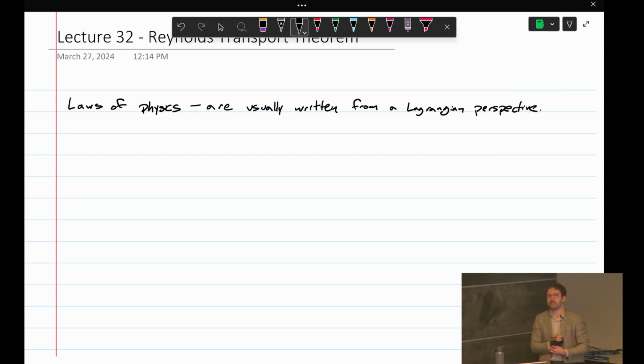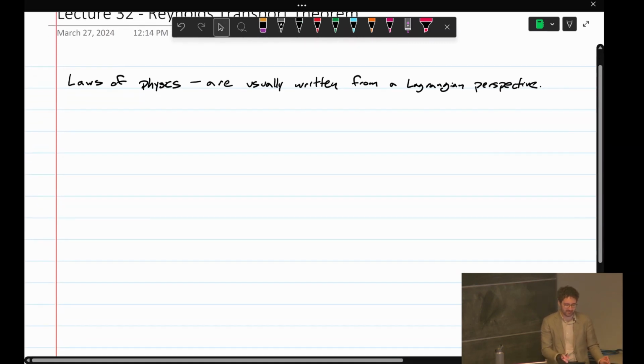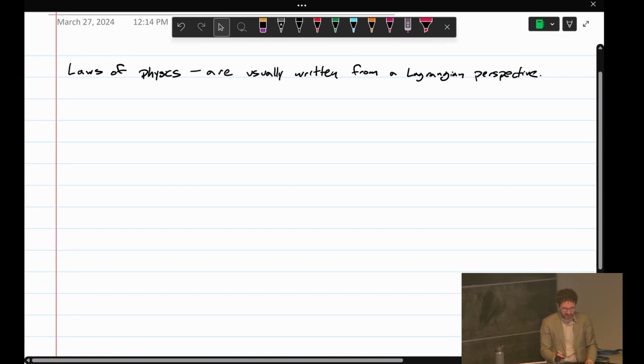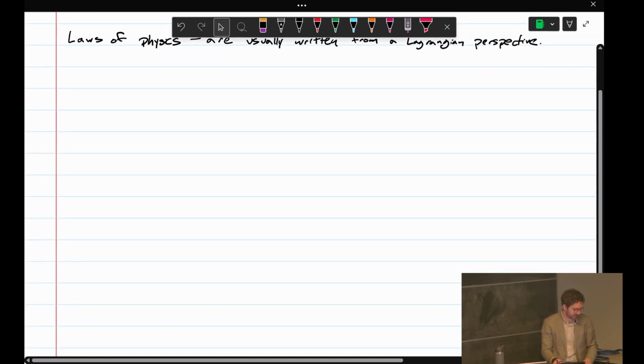For example, F equals ma is about a point mass. We're following this point mass. The summation of forces on our point mass at any point is equal to the mass times acceleration. That's a Lagrangian perspective. But we know in fluids, we often use an Eulerian perspective.